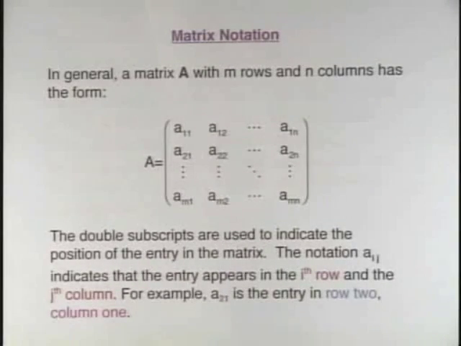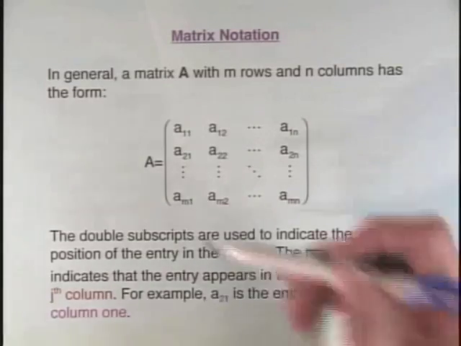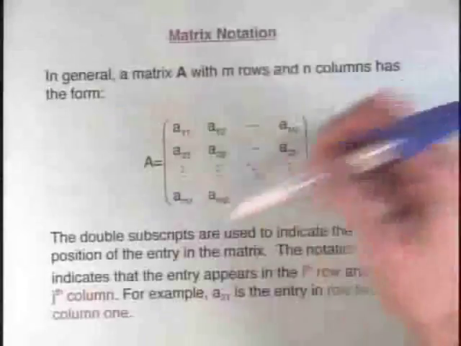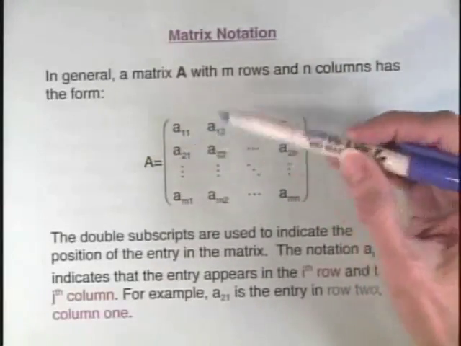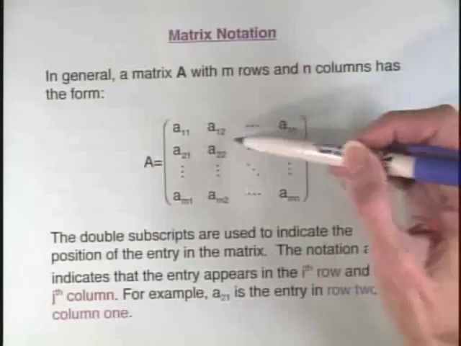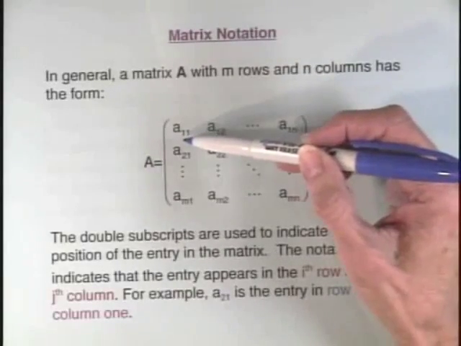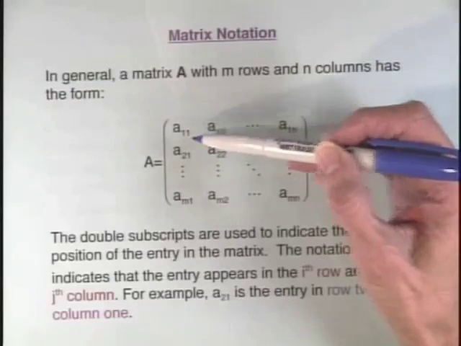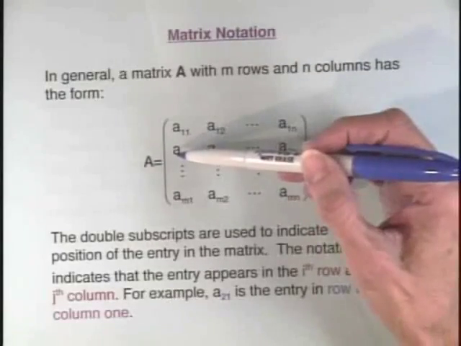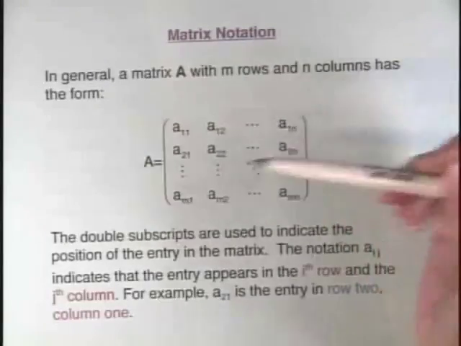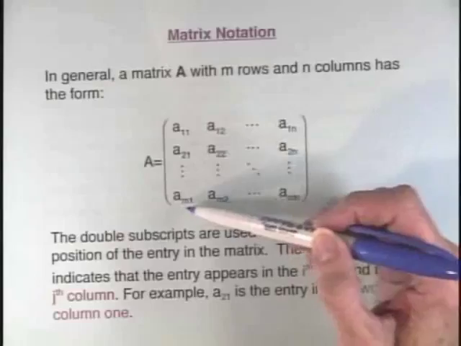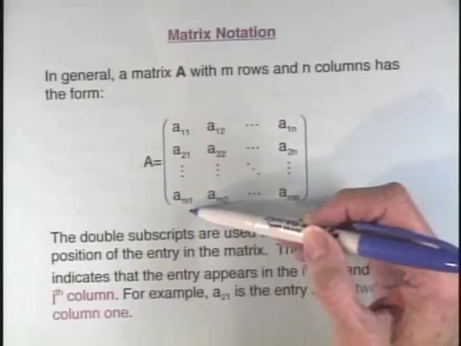Matrix notation. In general, a matrix A with m rows and n columns has the form A equals, parentheses, A with subscripts 1, 1, A, 1, 2, and so on, where 1 is the row and 1 here is the column. The second row has notation A sub 2, 1, A, 2, 2, and so on, down to as many rows as you have, in this case m rows.